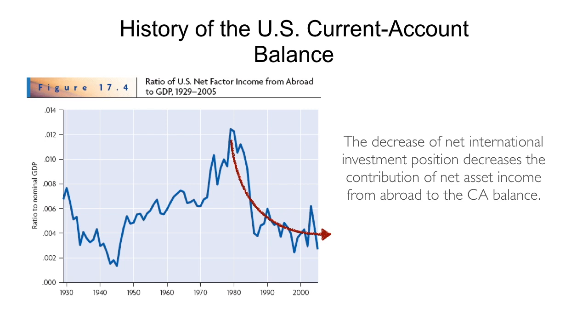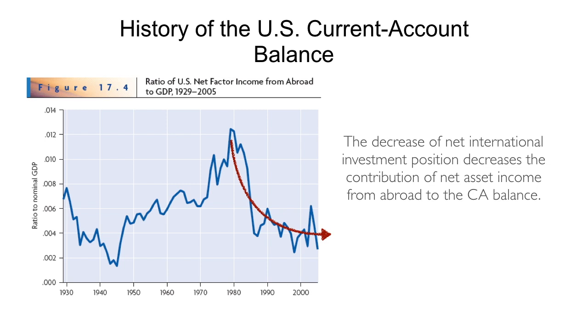Okay. So we know that the contribution to CA balance comes from two parts. One is the asset income generated by net international investment position. As we can see, it is decreasing after 1975. That's why the U.S. current account balance is decreasing to negative.